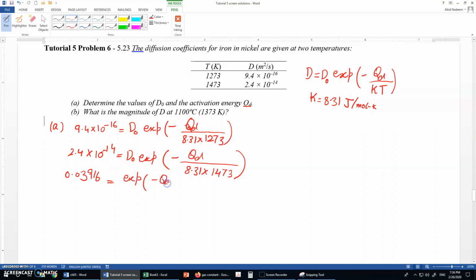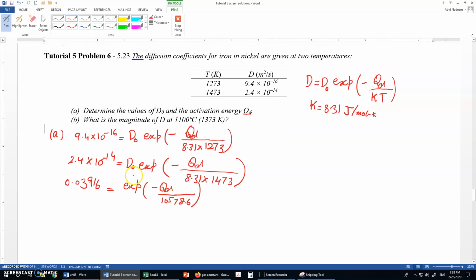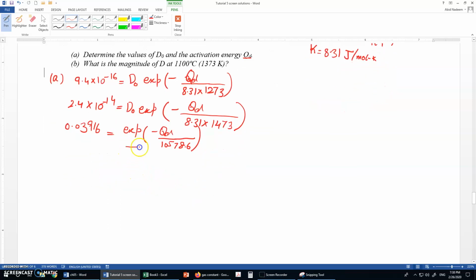So minus QD over 8.31 times 1273, which is equal to 10,578.6, and then divided by exponent of minus QD over 12,240.63.